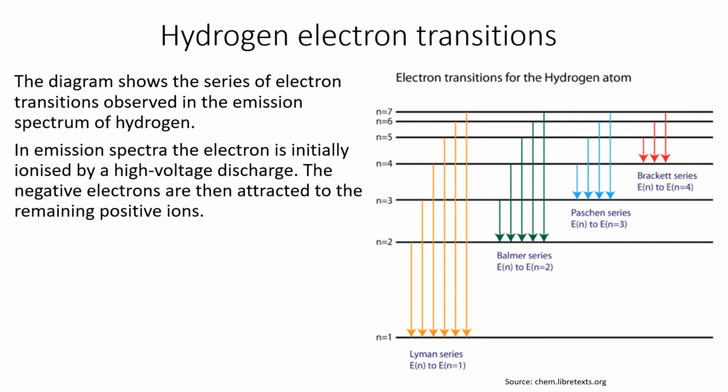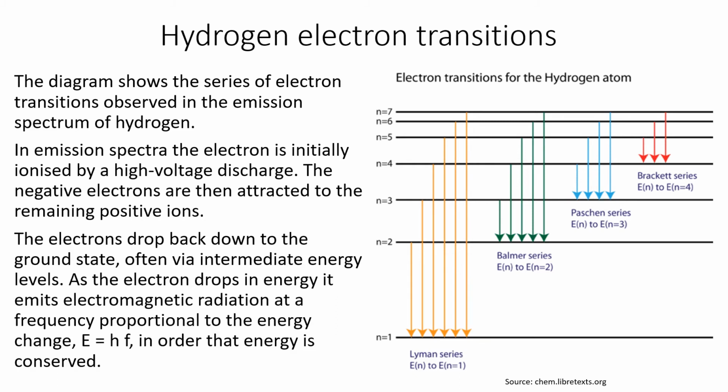Ultimately they'll return back to the ground state in the first shell, but they'll typically get there via certain intermediary levels. And so in fact the electron can access all the possible levels. So once you consider all the atoms together, ultimately you're going to see the transitions between all the possible energy levels. And that's why in the spectrum of a sample of gas we can actually see every possible transition.